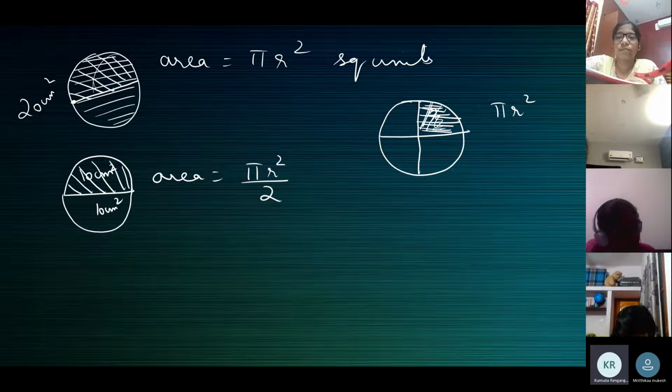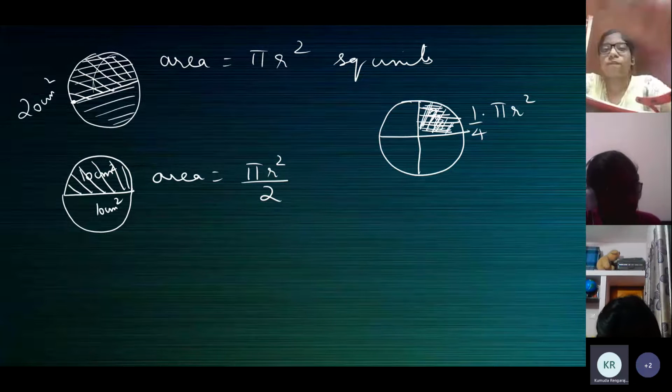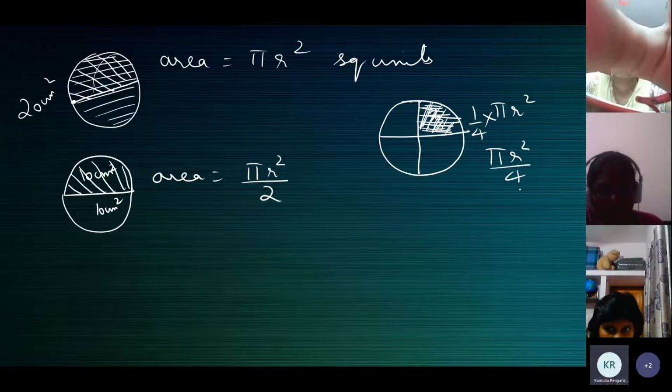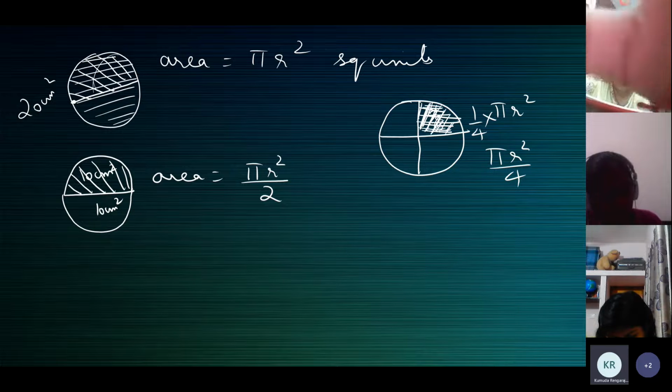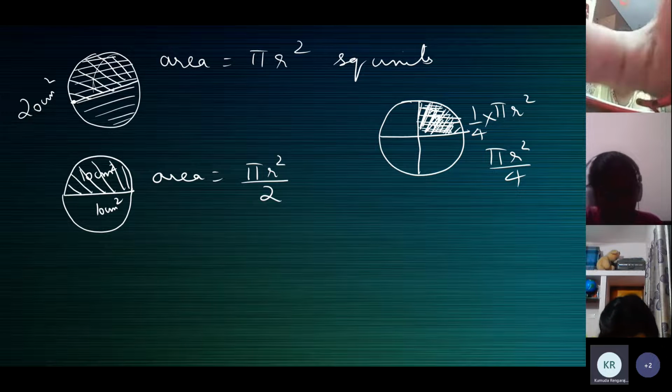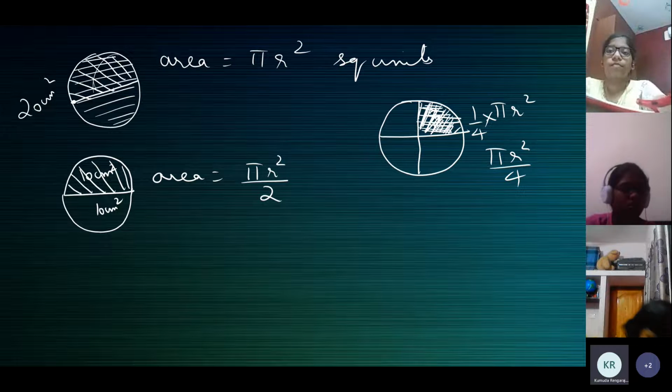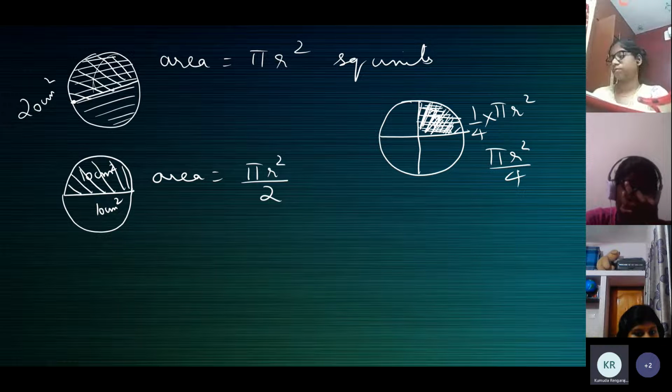This area which is shaded is a quadrant. The area of the quadrant is equal to 1/4 of the area of the circle, 1/4 of pi r square or pi r square by 4.